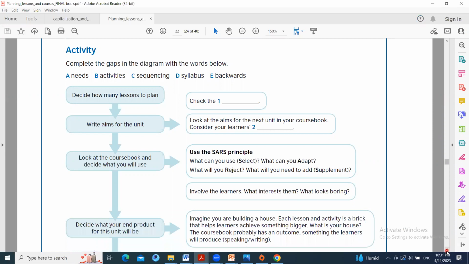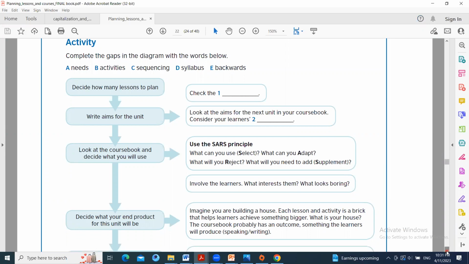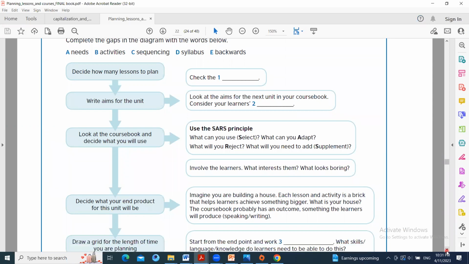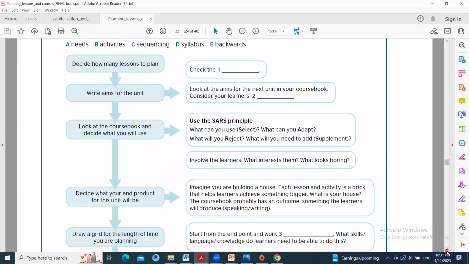Just complete the gaps in the diagram with the words mentioned from A to E. Let's start with the first one. Decide how many lessons to plan.